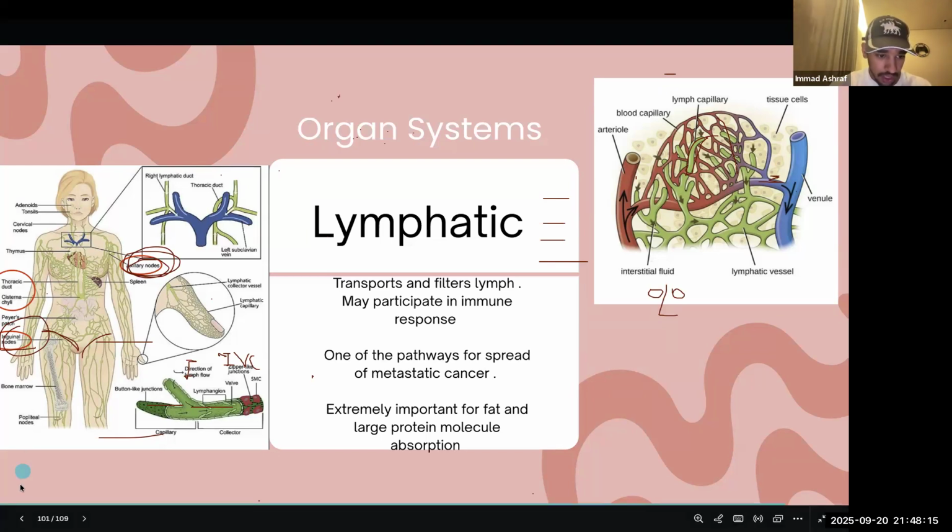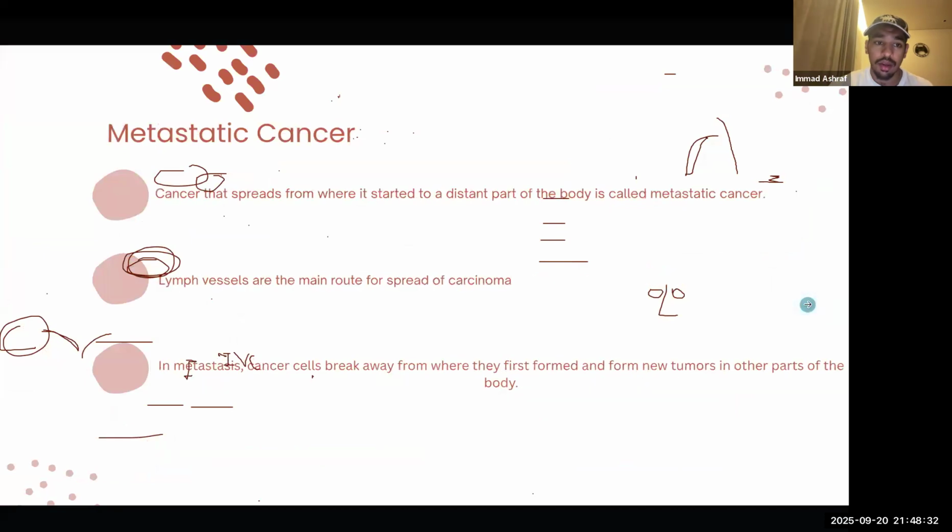You can see them over here. This is zoomed in for you on this picture. Here's the thoracic duct, which is on the left, and then the right lymphatic duct on the right. They're both draining into the venous system. Okay, that's it. Let's go on to the next thing now.